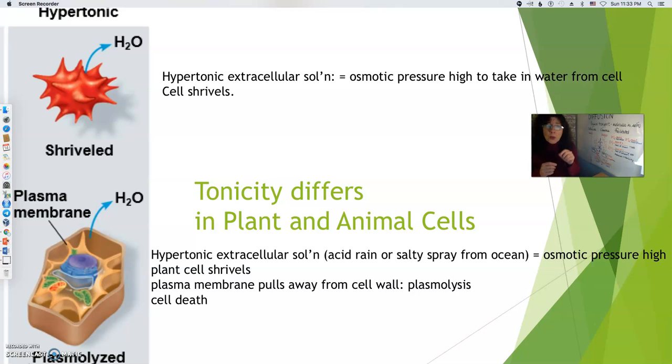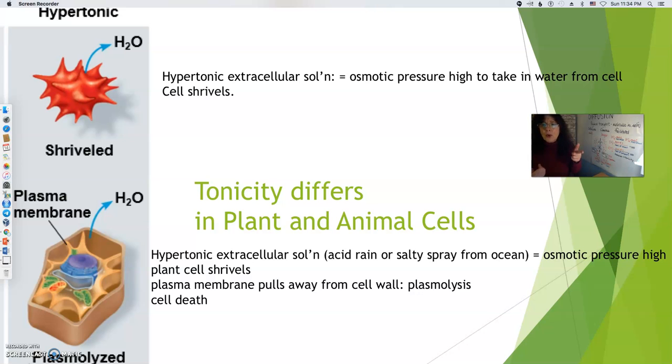On the other hand, with plants, let's talk about what happens there when they have a hypertonic solution around them. Maybe they have salt spray in from the ocean with their rainwater. Maybe they have a lot of dust in their rainwater. Maybe they have acid rain and acid solutes in their rainwater.